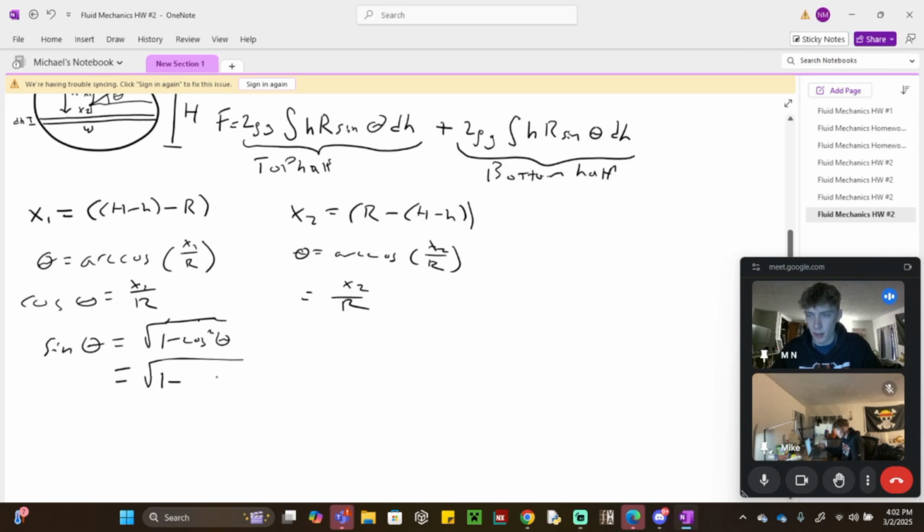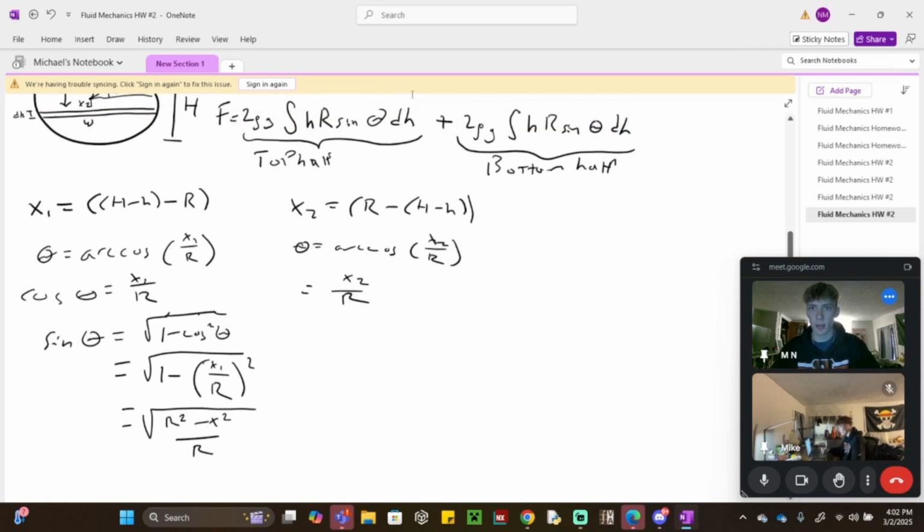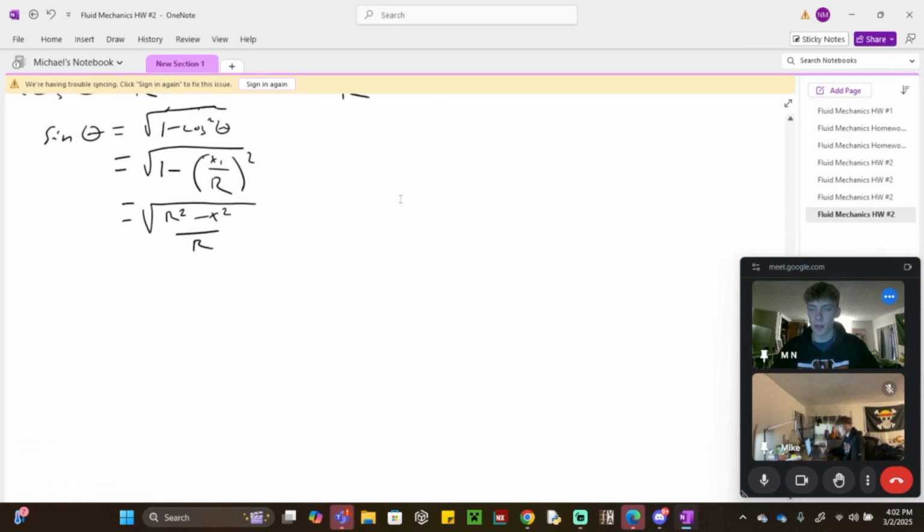So we have 1 minus, we know cosine of theta is x1 over R squared, and that will simplify to the square root of R squared minus x squared over R. So now we're ready to replace our sine theta into our integrals.